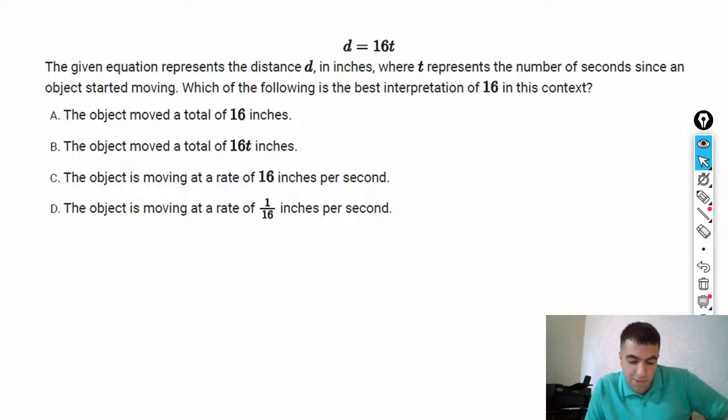Mr. Turan and Sahib said it is B. No, guys, this isn't B. This isn't B. We are asked here which of the following is the best interpretation of 16, not 16t.